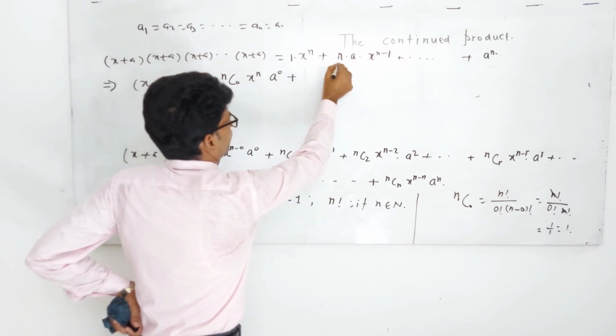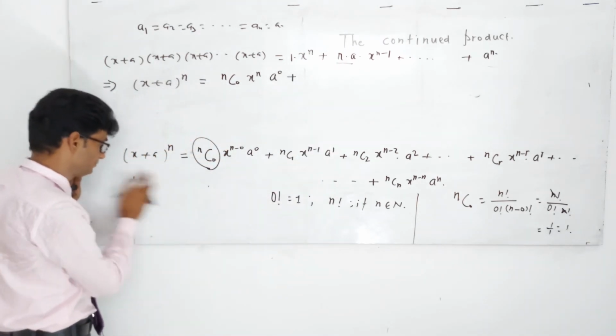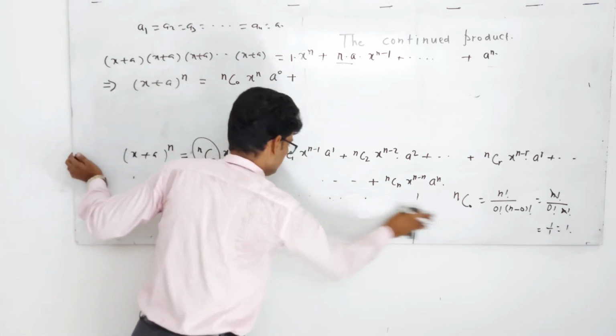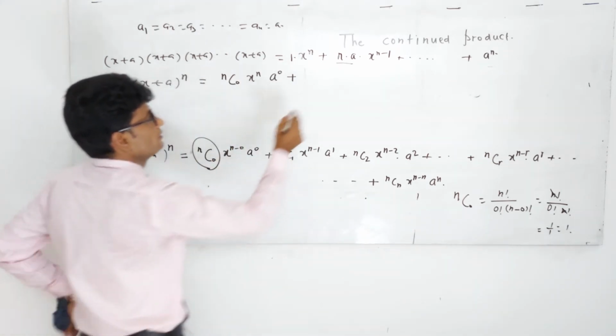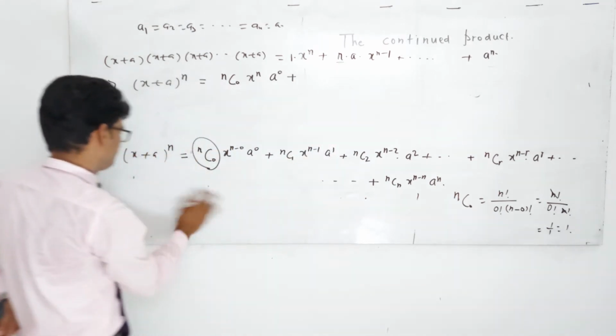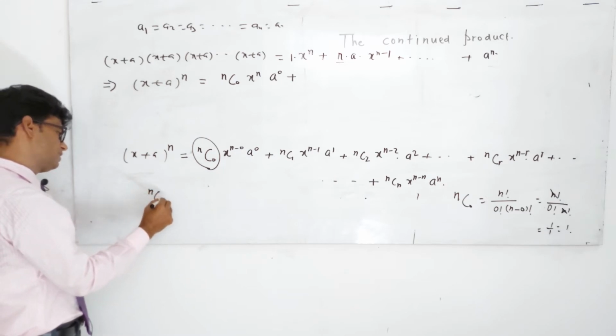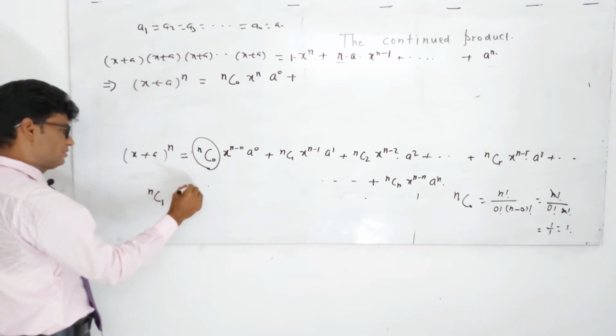Then we have to think about n into a. So we have to think about NC1. So what is it?